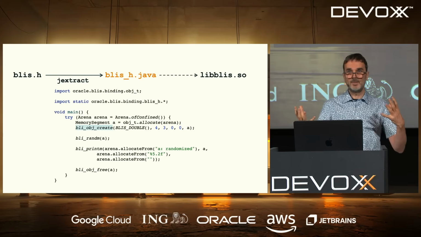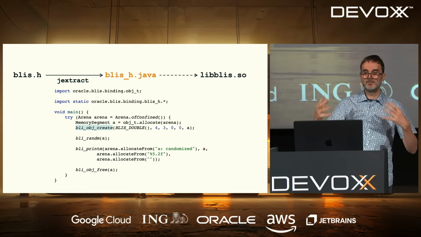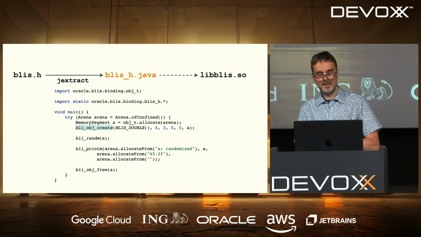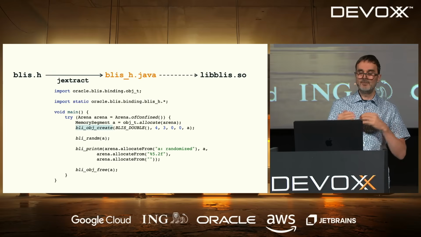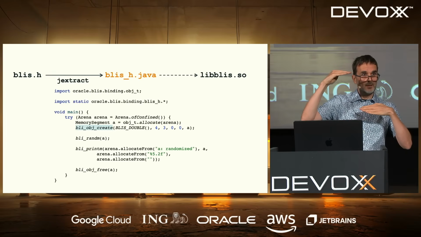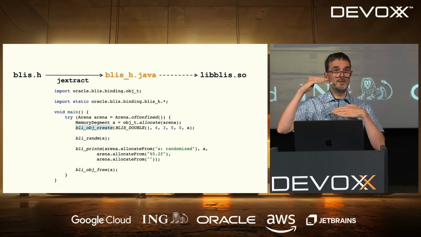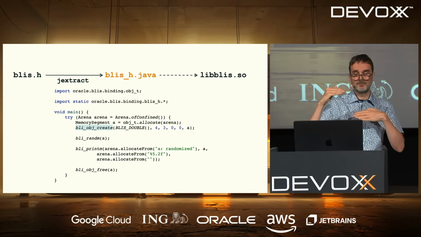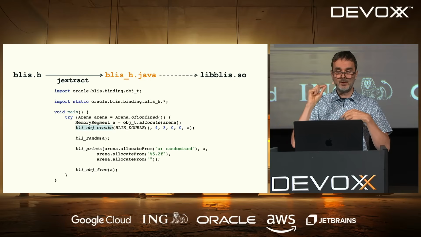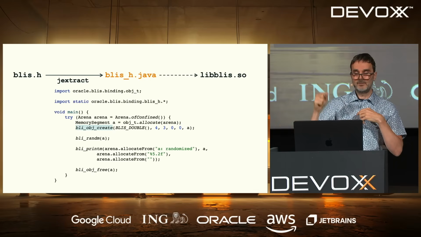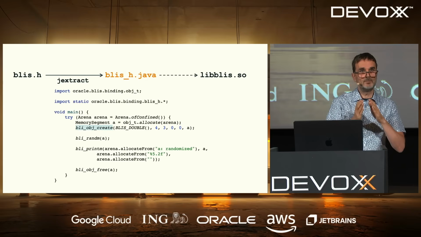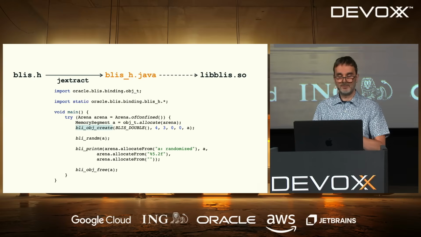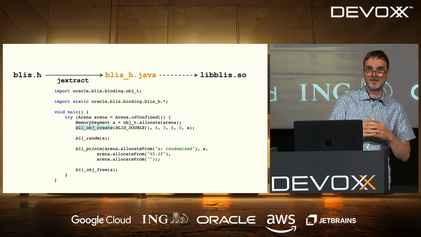Then we can call other methods on it, like randomize the elements in the matrix, print it out, and then we have to free it. Even though we've confined the scope of our program in a confined arena, which is thread confined, and we allocate our obj structure in that confined arena, BLIS is managing the allocation of the buffer of elements underneath where they're stored, and so we have to free it explicitly here.